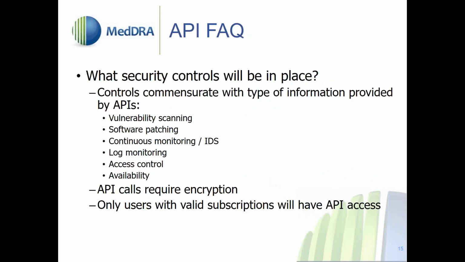I'm sure that's for many of you a no-brainer, but I just wanted to make sure that everyone is aware of that. And then, of course, users with valid subscriptions will have access to the APIs. So in other words, if you don't have a MedDRA subscription, you will not be able to take advantage of the APIs, just like the other MedDRA resources we provide.